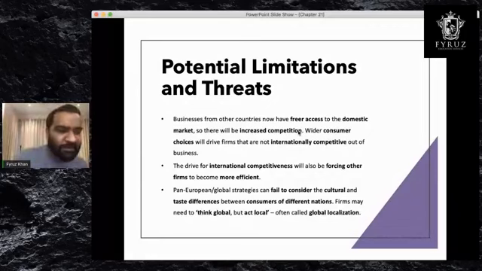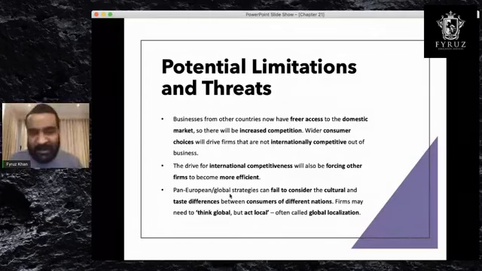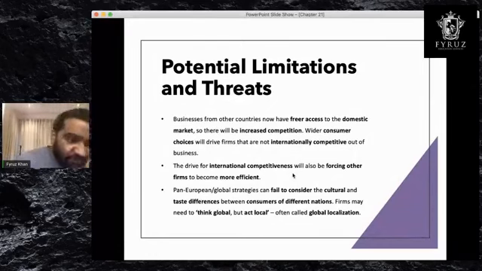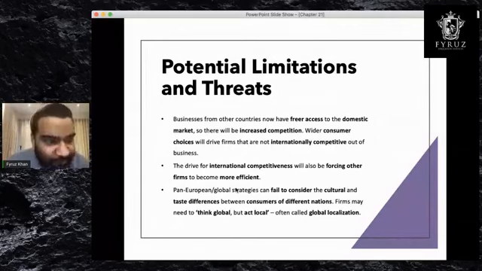And the local markets may fail. Local markets may not do well. International competitiveness will force other firms to be more efficient, or it may force others out of the market, out of business, and that's not good.